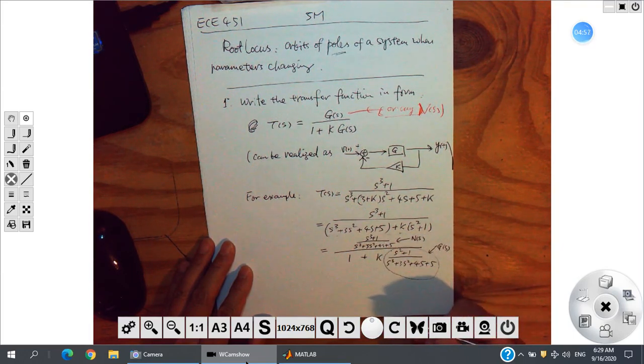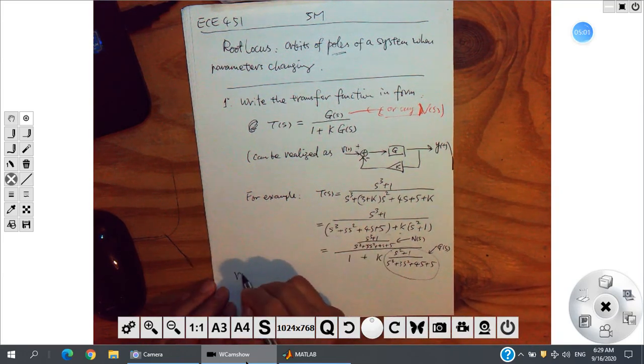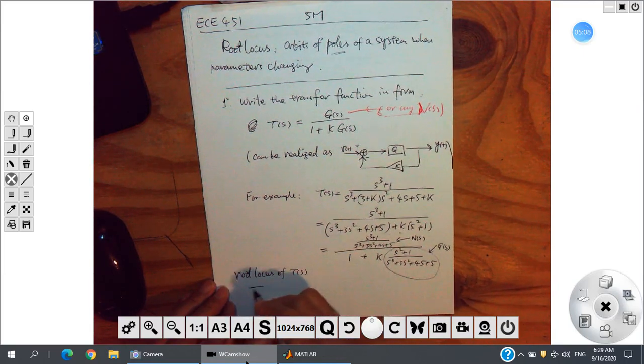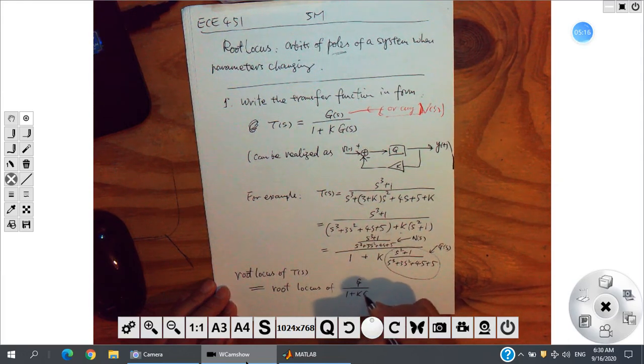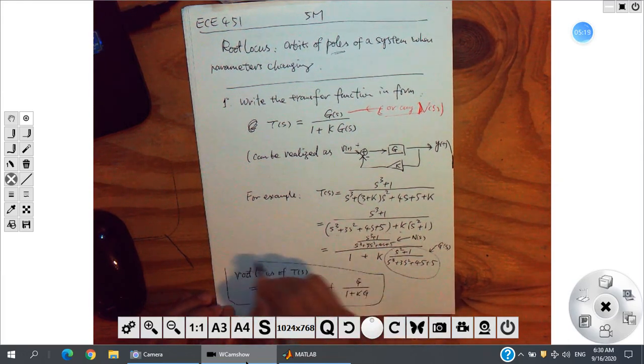Then the root locus of T of S equals the root locus of G over 1 plus K G. Right?